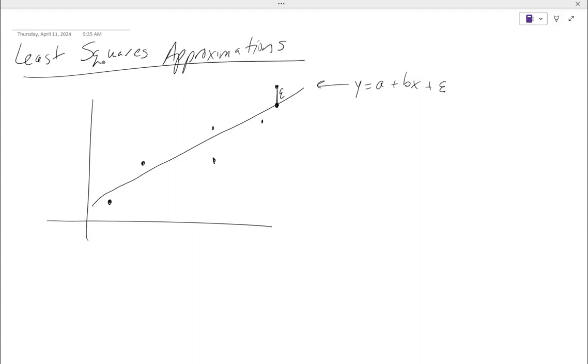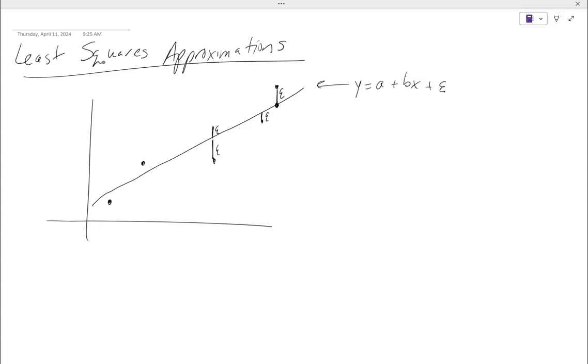Now that's associated with a particular x value. Those errors are going to change as you go along. There'll be an error here, there'll be an error here, one there, right? Those all depend. Writing epsilon every single time, I don't really mean a single epsilon. I mean an epsilon for that particular x value that's been plugged in. I just didn't want to put a whole bunch of extra subscripts in there. Okay.